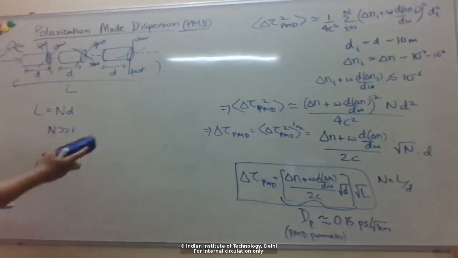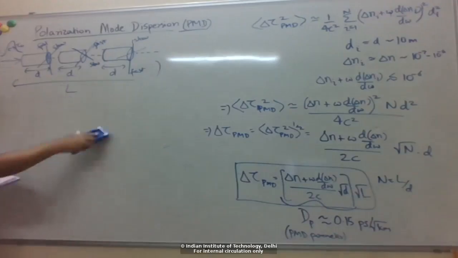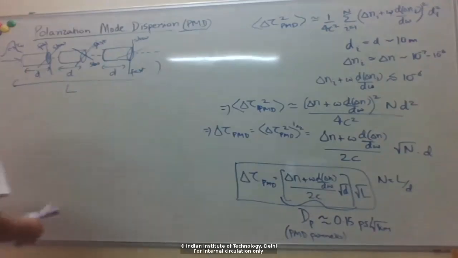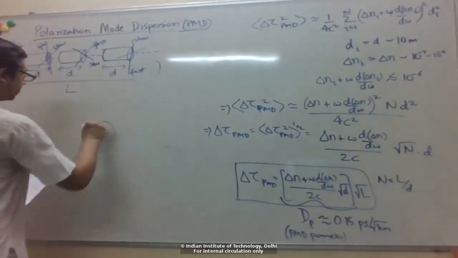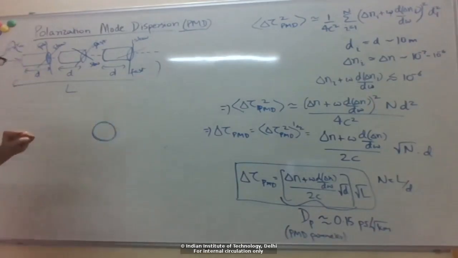One way you can eliminate this polarization mode dispersion altogether is to use a different type of fiber. Recall that fundamentally where this is coming from is that we are starting from a perfectly circular core, which is actually very difficult to maintain, right?